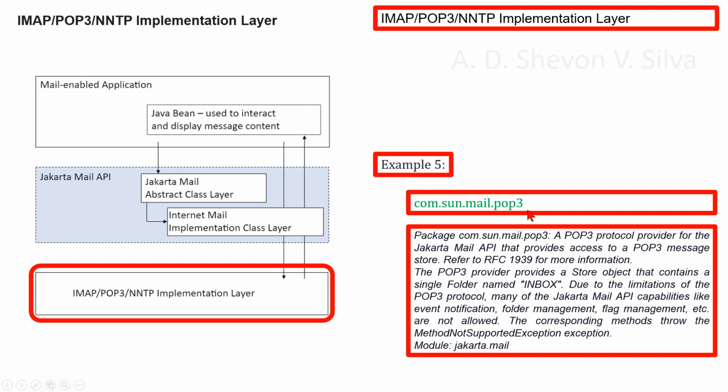The POP3 provider provides a store object that contains a single folder named INBOX. Due to the limitations of the POP protocol, many of the Jakarta Mail API capabilities like event notification, folder management, flag management, etc. are not allowed. The corresponding methods throw the MethodNotSupportedException.